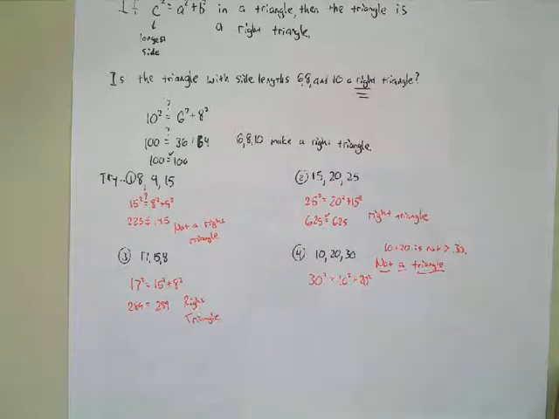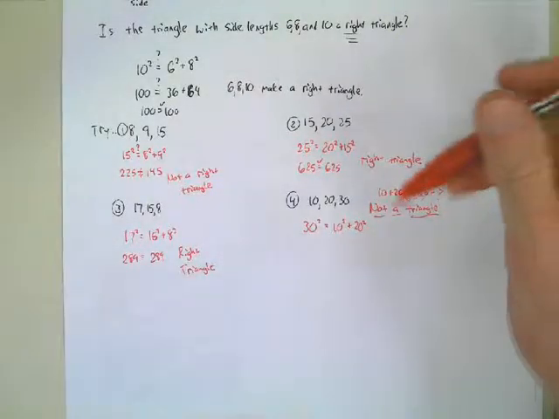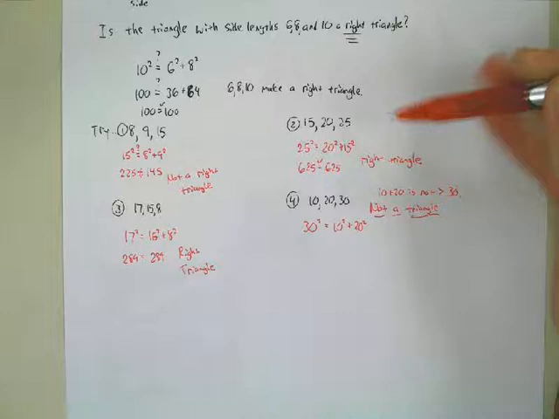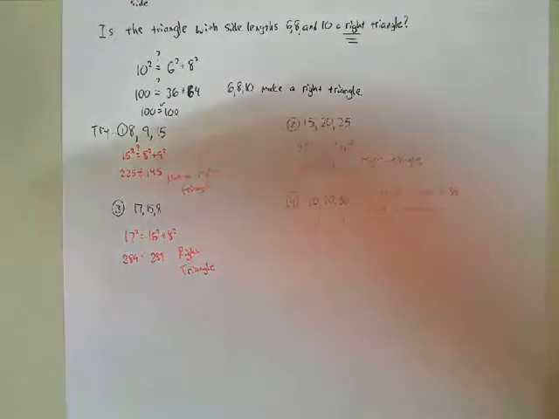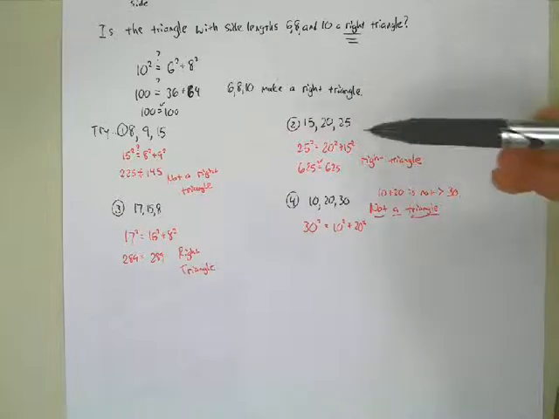Okay, cool. So there's actually a special name for the situations where we have 3 nice whole numbers that make a right triangle. Because if we were to just pick any random 3 numbers, chances are they would not necessarily make a triangle.